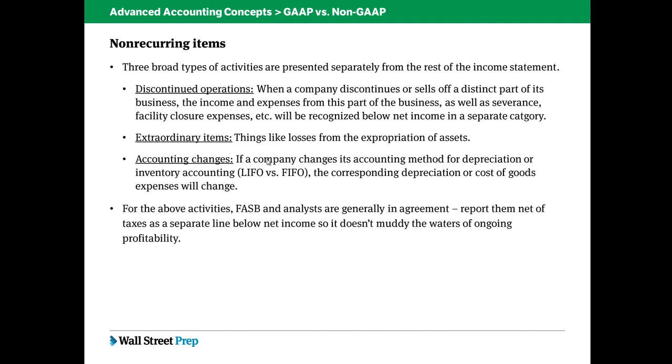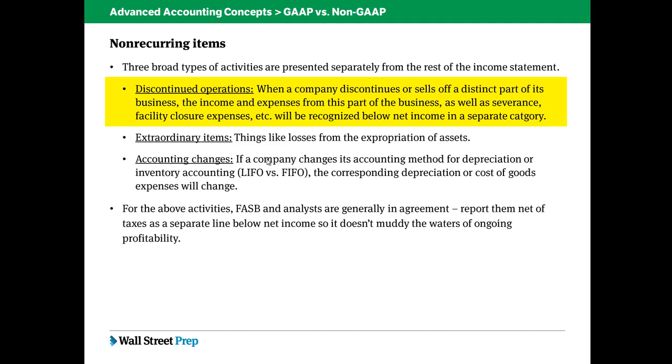Discontinued operations are gains and losses from operations that a company has discontinued. When a company discontinues or sells off a distinct part of its business, the income and expense from this part of the business, as well as severance and facility closure expenses, all will be recognized below net income in a separate category.